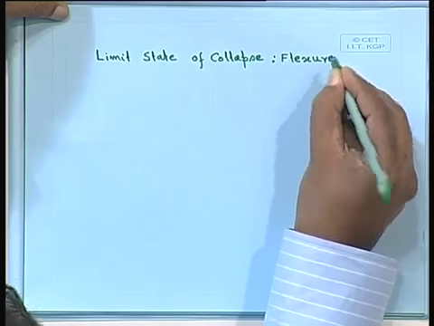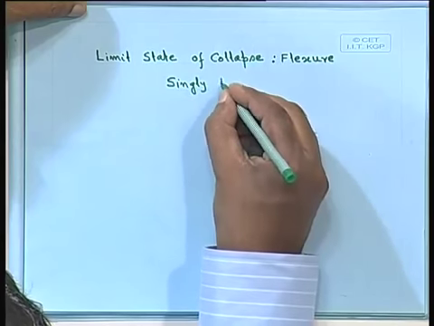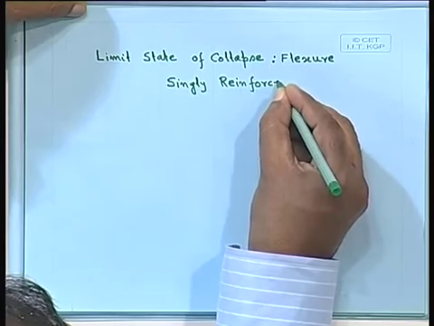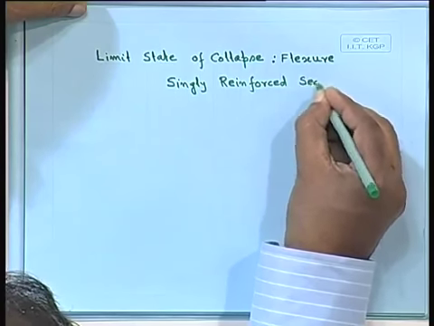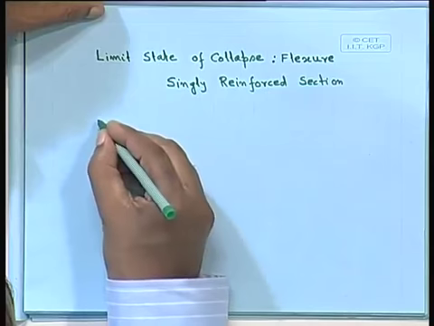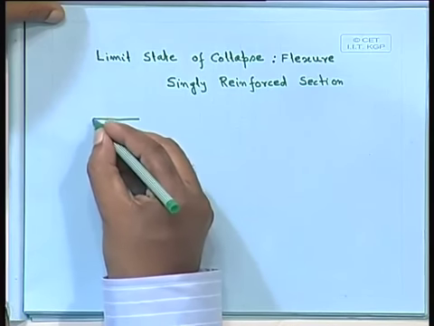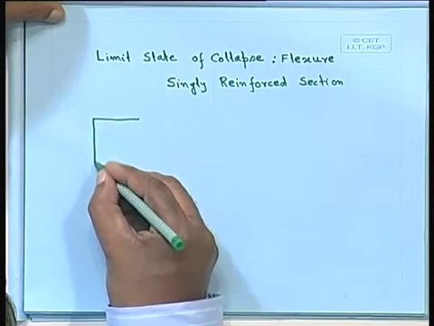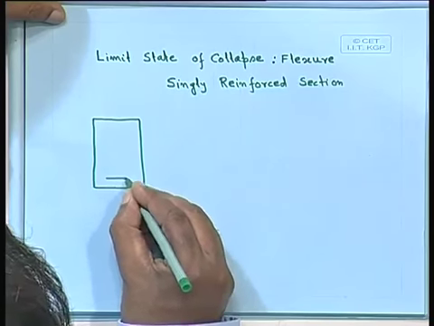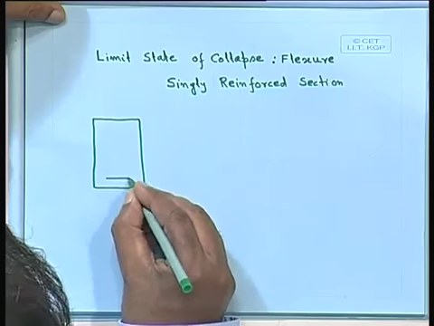Further, we are considering a singly reinforced section. So, let us draw a cross section of the beam, and we have the area of steel.